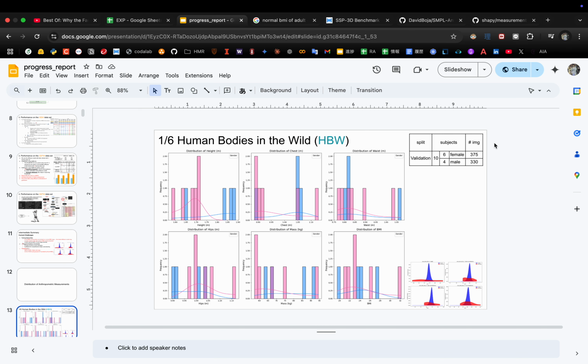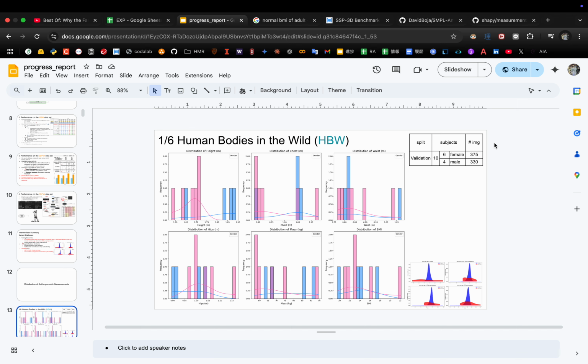So this assumes that everyone has a constant body density, but we know that it is not the case. And this caveat can be represented very clearly in the second data set.